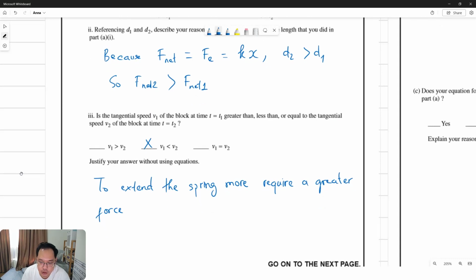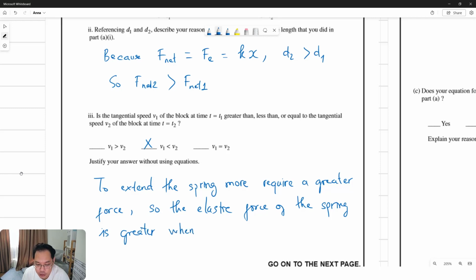It requires a greater force, so the elastic force of the spring acting on the block will be greater at time t2, when d2 is greater than d1.